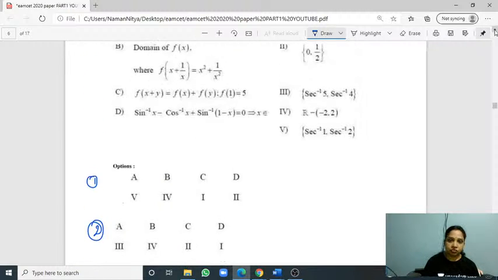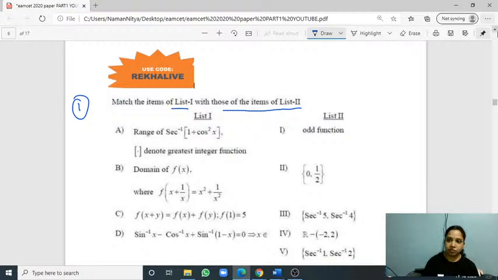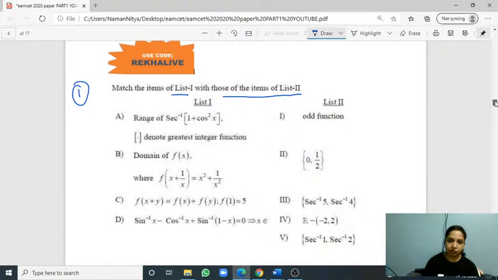All the questions I am taking are from the TS EAMCET paper 2020. So the first question is, hello everyone, all my students, and we'll start doing the questions now.